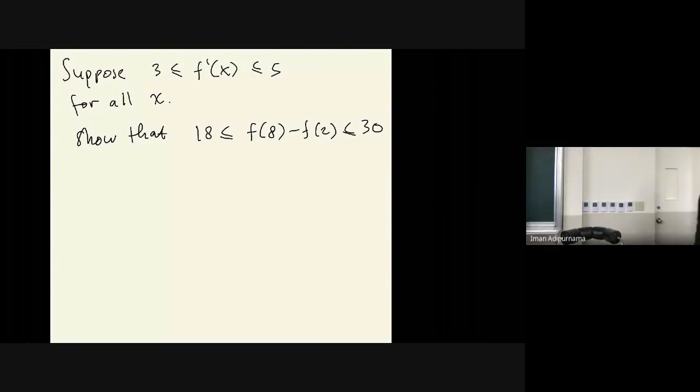Okay. So you see that in the first sentence you have the f prime, and in the last sentence you have f of some number minus f of some number. So of course it is really obvious, right? You can make it f(b) minus f(a), and that will be f prime c.